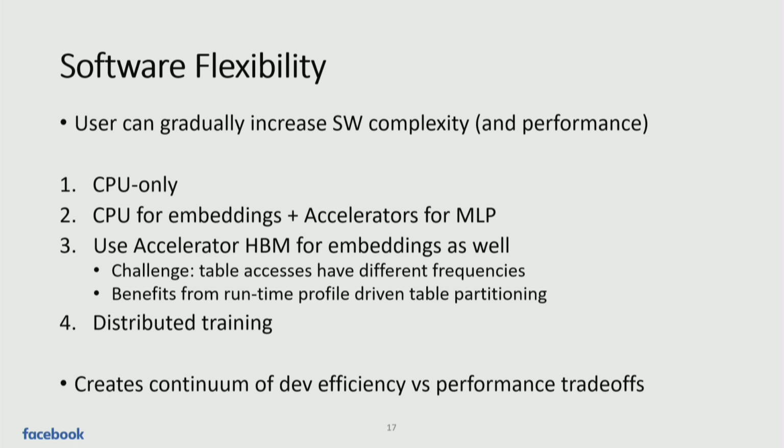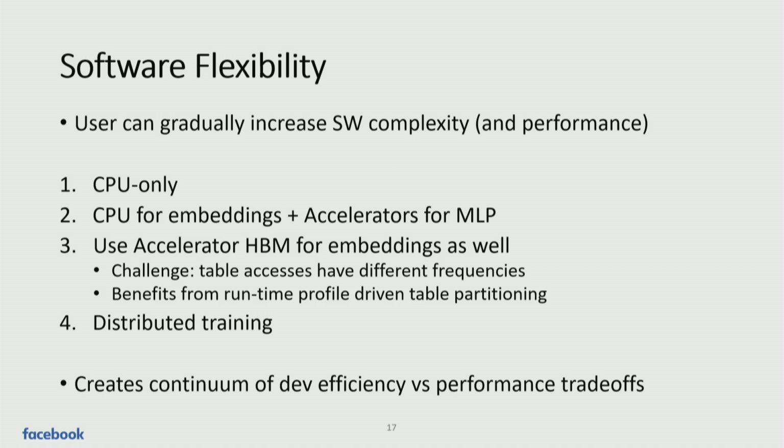So let's talk a little bit about software flexibility. One thing about the system is that it's very important from the ML engineers' point of view to be able to quickly onboard and experiment and run new models. And this system gives you the flexibility to gradually increase software complexity and performance.